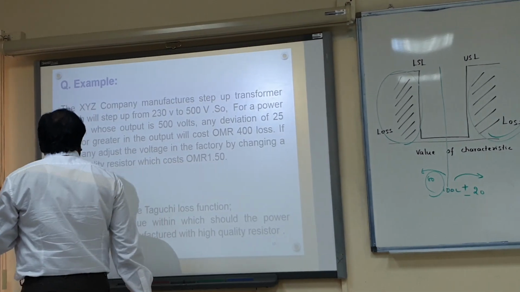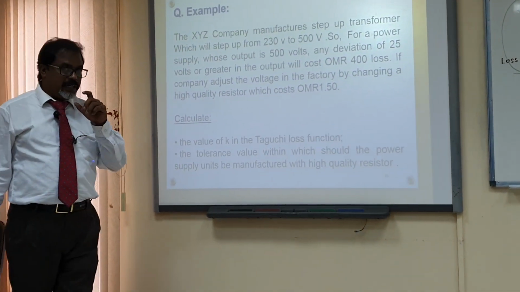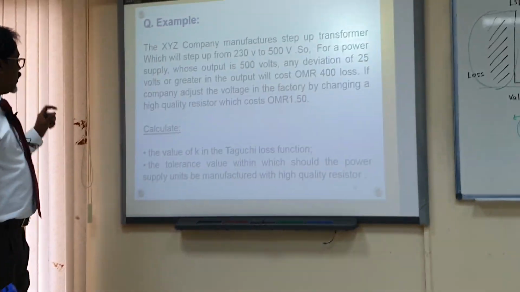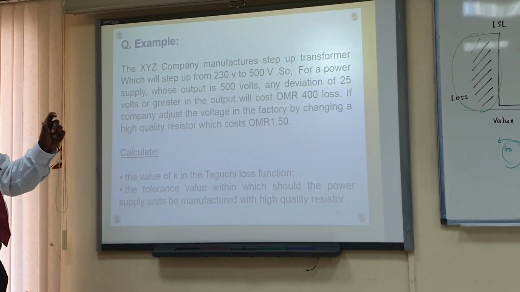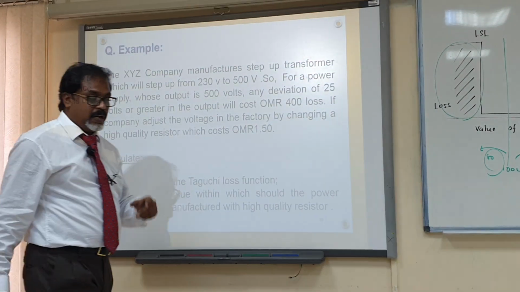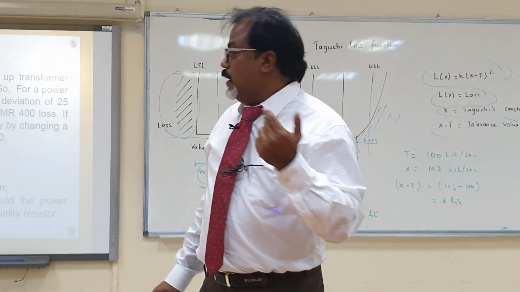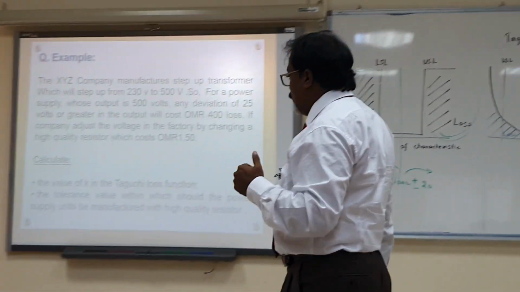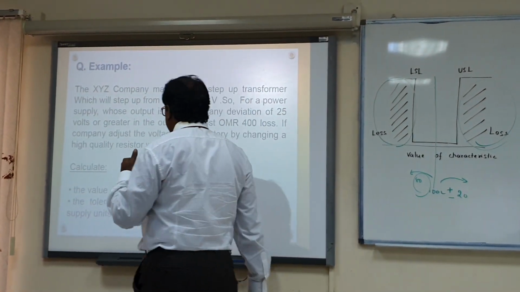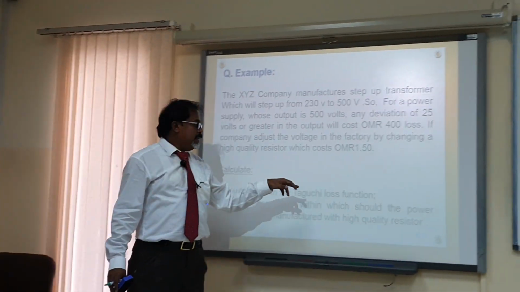Now what we are going to find: calculate the value of K in the Taguchi loss function, and the tolerance value within which the power supply units should be manufactured with the high quality resistor. If you add the high quality resistor, what will be the tolerance value? And the first one is the value of K in the Taguchi loss function.